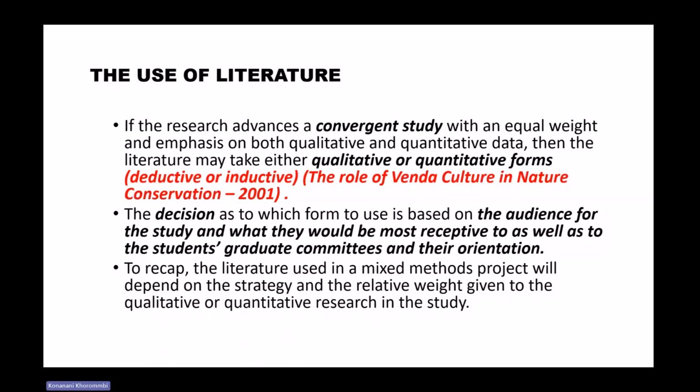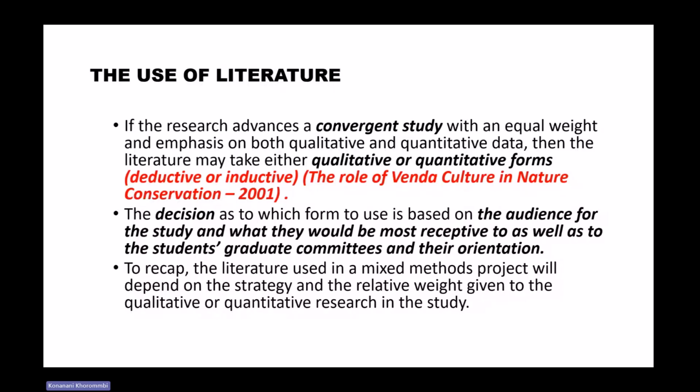To recap, how the literature is used in a mixed methods project will depend on the strategy and the relative weight given to the qualitative or quantitative research in the study. Now here are the suggestions on how you need to use literature.